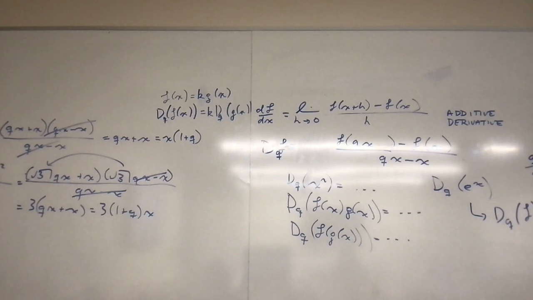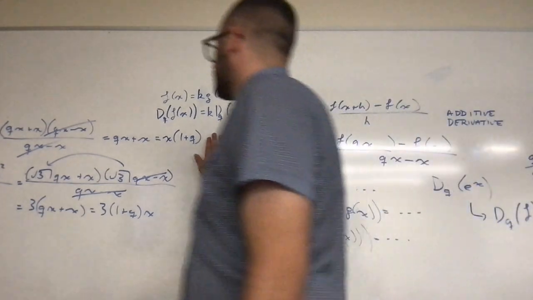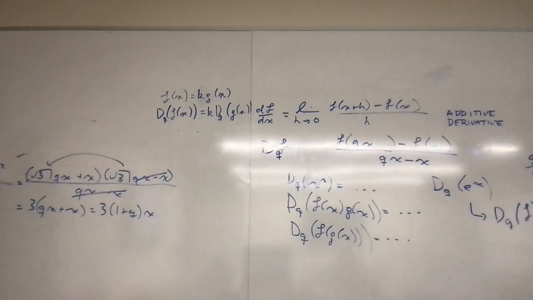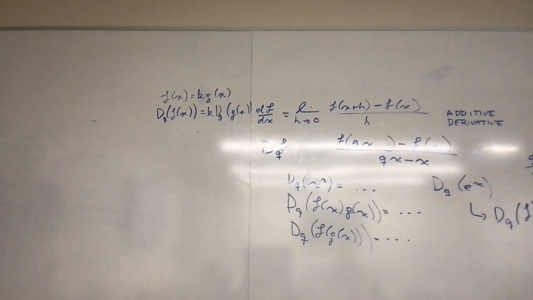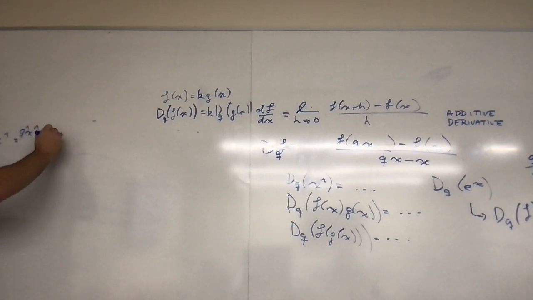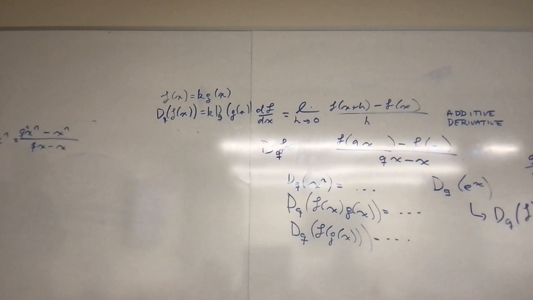My proof is this. Take this D_q, maybe I'll write it over here. The quantum derivative of x to the n is (q to the n, x to the n minus x to the n) over (qx minus x), right?